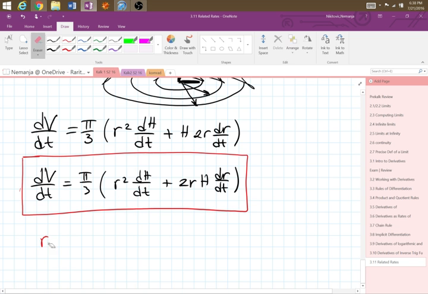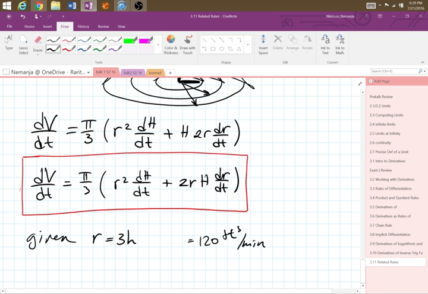So this is what's given in the problem. Radius is always 3 times the height. It says that the sand falls from the bin at the rate of 120 feet cubed per minute. So I'm going to write this as 120 feet cubed per minute, and then I'm going to see what that is.